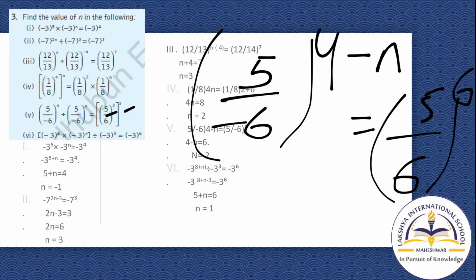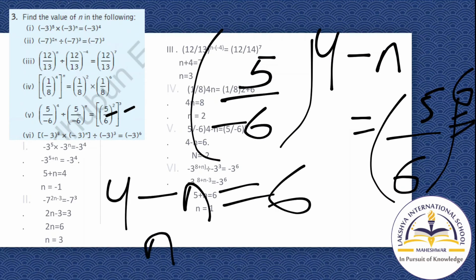So you can directly write (5/6) raised to the power 6. When there are two powers, you can multiply both the powers. Means (5/6) raised to the power 2 times 3, so (5/6) raised to the power 6 here. Now 4 minus n equals 6. When we transfer, then you will get the answer 2.